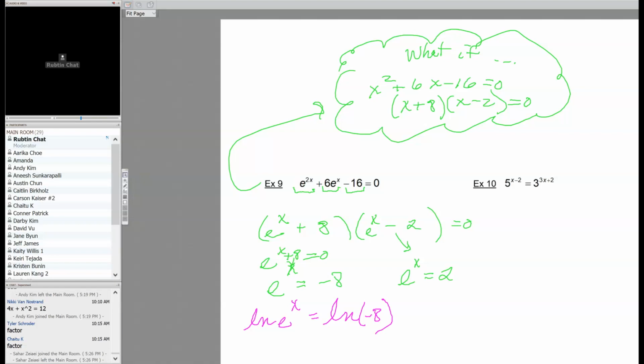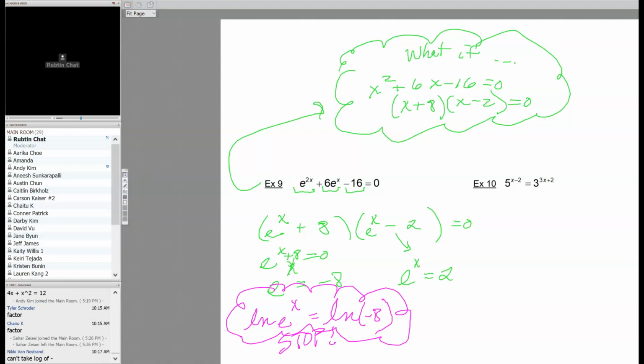Why can I stop? What is wrong with this? Yeah. This cannot be negative. Remember we made a big deal out of that last time? This can't be negative. So for this side, there's no solution.